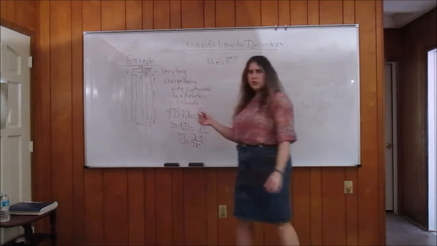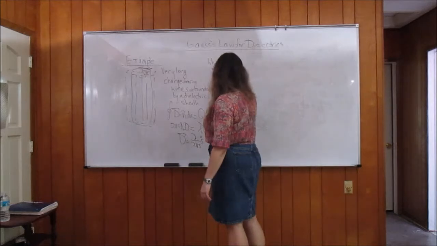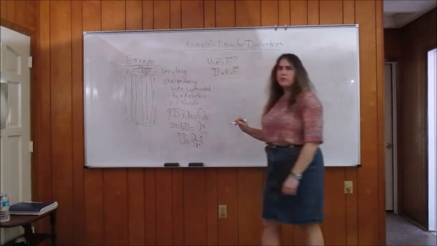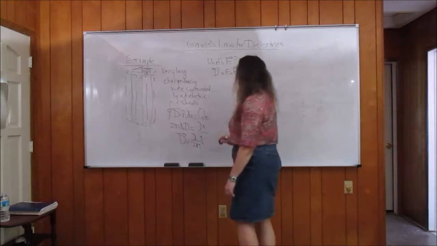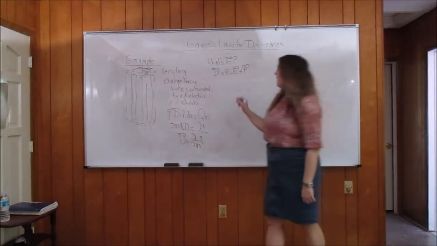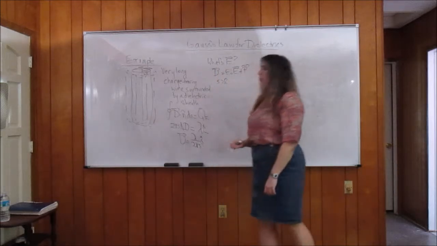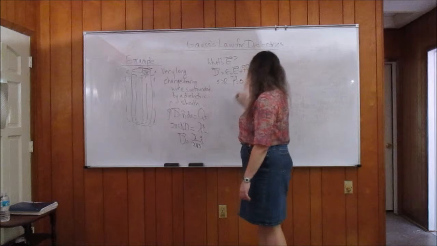Well, you know the relation between displacement, polarization, and electric field. So the displacement is equal to epsilon naught times the electric field plus the polarization. So outside, the polarization vanishes. We're outside the sheath. P equals 0 there.